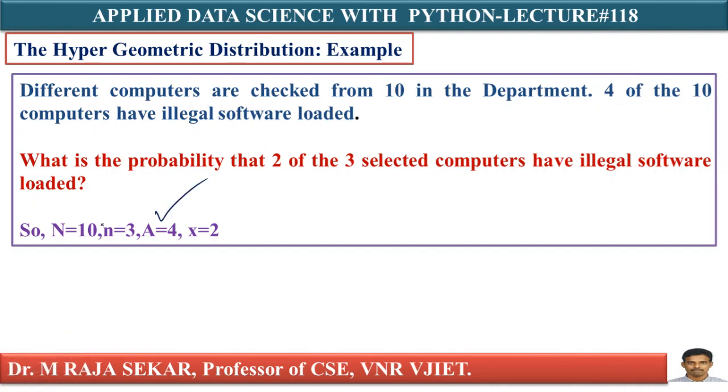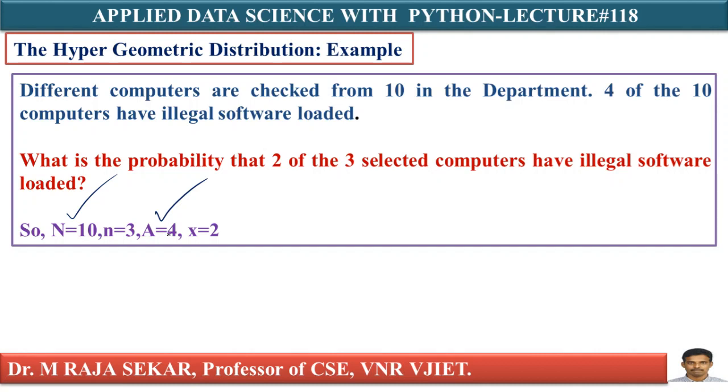We know what is A, we know what is N. 4 computers have illegal software, because we know how much illegal software is installed in the population. There are 4 systems in which illegal software is installed out of 10 systems, which means the population size is 10, whereas A, as I told you, my capital A is the number of successes in population.